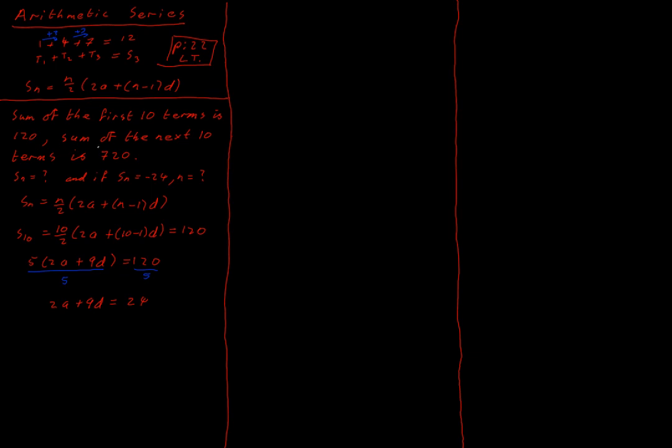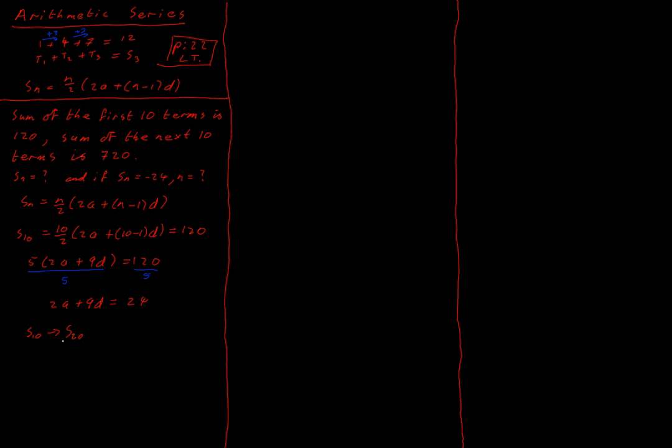Well, if I look at the other information given to me in the question, the sum of the next 10 terms is 720. The next 10 terms. Well, I have the sum of the first 10 terms, so I'm going up to S of 10, and then the next 10 terms would bring me up to S of 20.